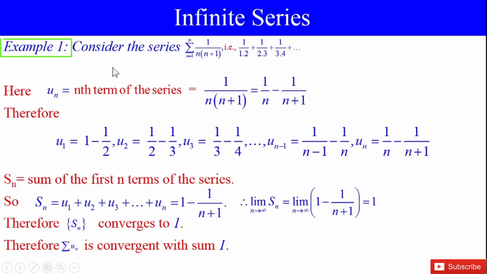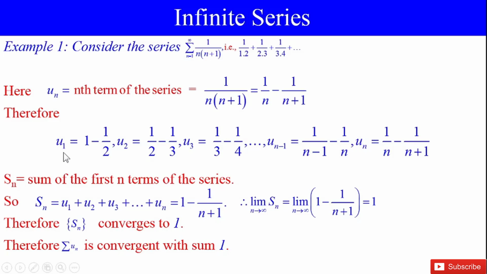Example 1. Consider the series sigma n equal to 1 to infinity 1 by n into n plus 1, that is 1 by 1 into 2 plus 1 by 2 into 3 plus 1 by 3 into 4 up to infinity. In this case, un, the nth term of the series, is equal to 1 by n into n plus 1, which gives 1 by n minus 1 by n plus 1.